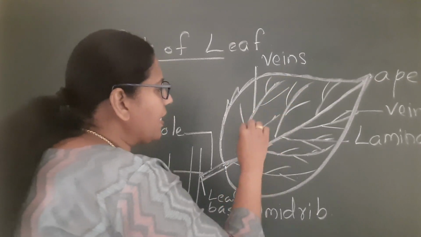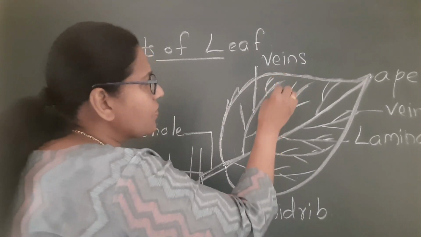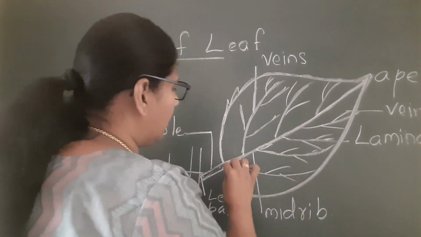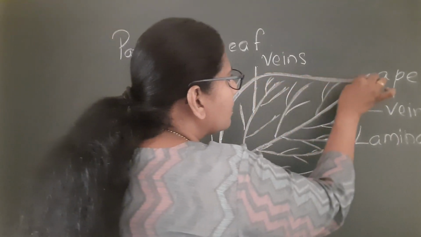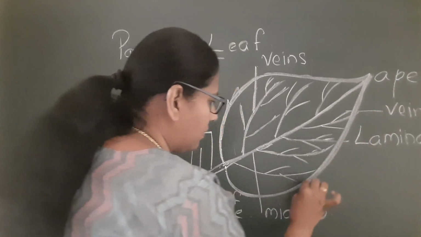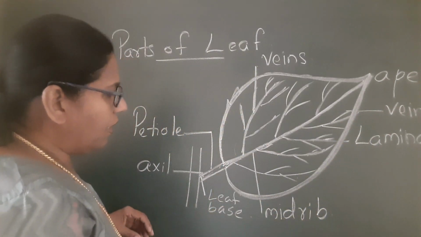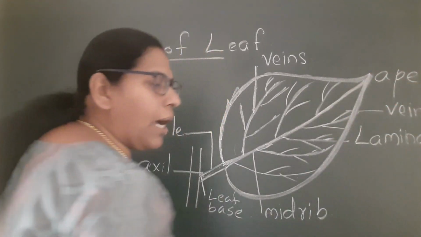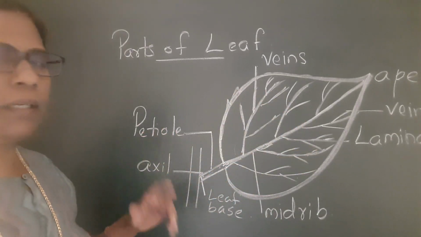These veins again give out network like branches, called veinlets. Then comes the outside part, called leaf margin, and the tip of the leaf is called apex. These are the parts of the leaf.